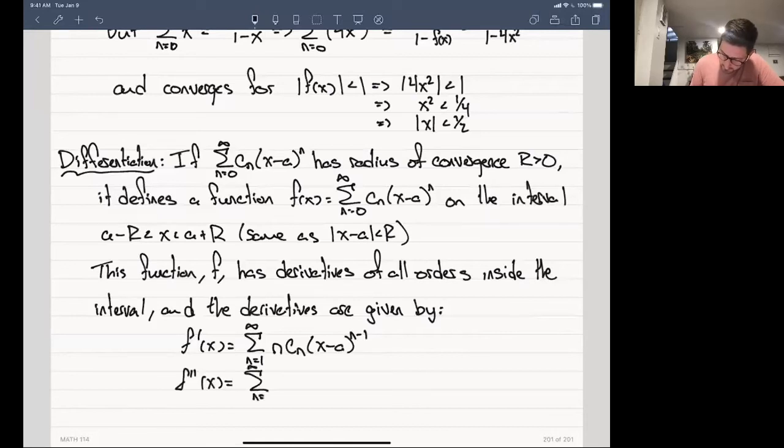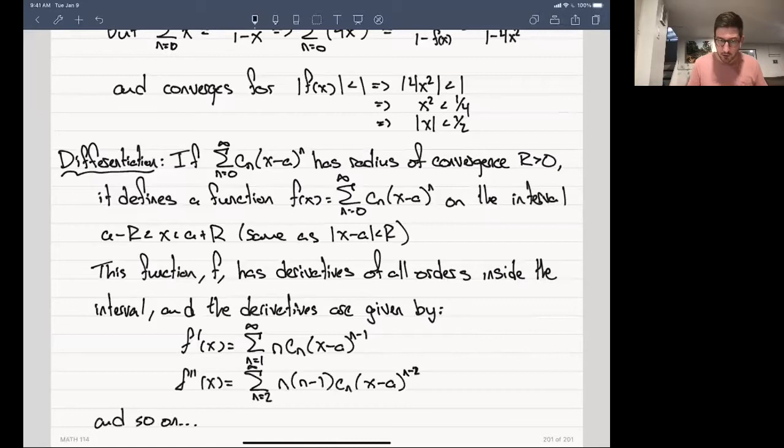And similarly, the second derivative is just taking the derivative of each element of this series. In this case, I'm going to get n times n minus 1, since I'm differentiating the first derivative, c_n times (x minus a) to the n minus 2. And in this case, I can start counting at 2 because the first term and the second term have been differentiated down to 0 under this differentiation. And you can keep doing this and so on.